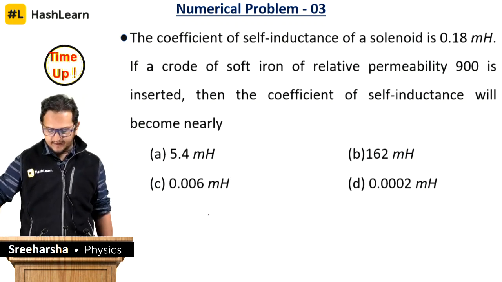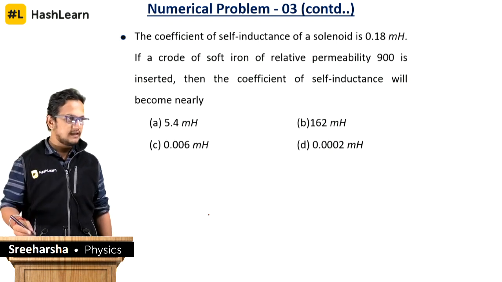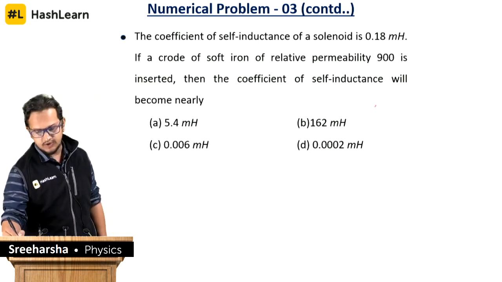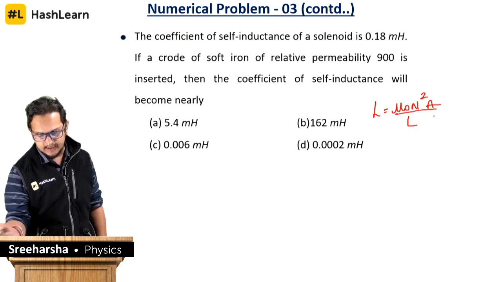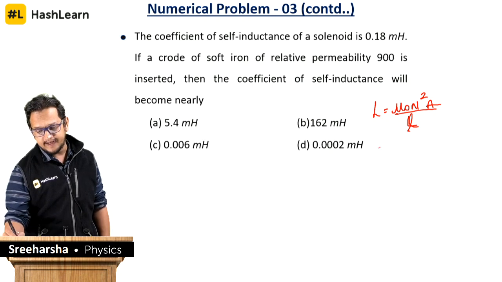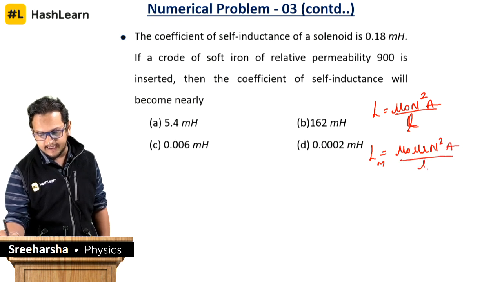So we know that the self-inductance of a coil is given by the formula L equals mu naught N square A by l, where l is the length. If I introduce some other medium, you will have it as mu naught mu R N square A by l.